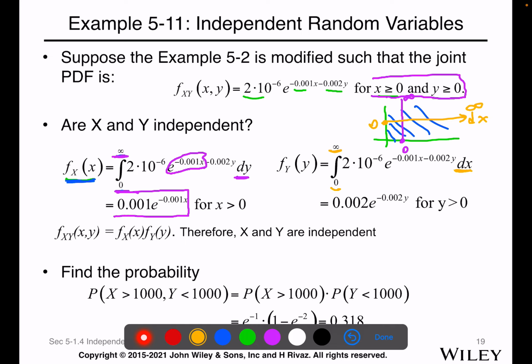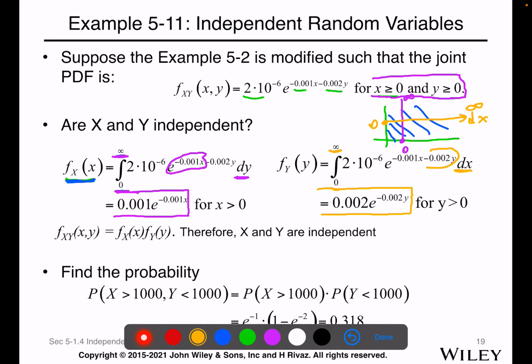Now the y part is a constant, so this part comes out of the integral, and we do the integral, and at the end we get this for f of y. The next step is that I have to multiply these two functions.